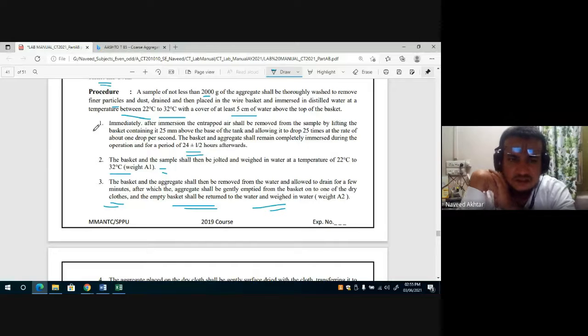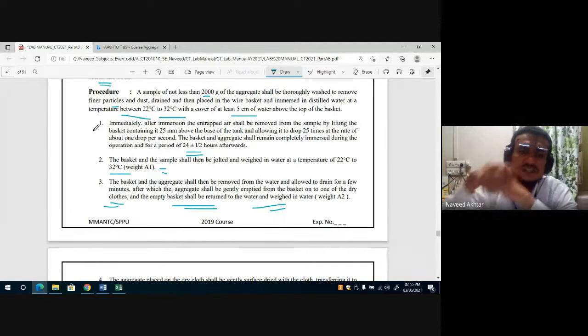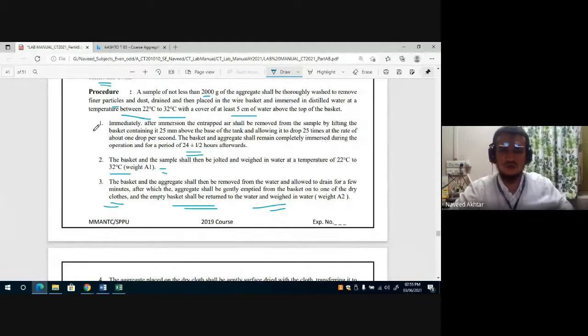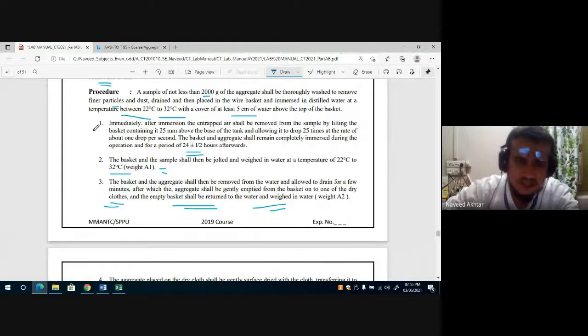immersed in the water. Then immediately after immersing, the entrapped air shall be removed from the sample by lifting the basket containing the aggregate 20 mm above the base of the tank and allowing it to drop 25 times at the rate of 1 drop per second. The basket and the aggregate shall remain completely immersed in the water.